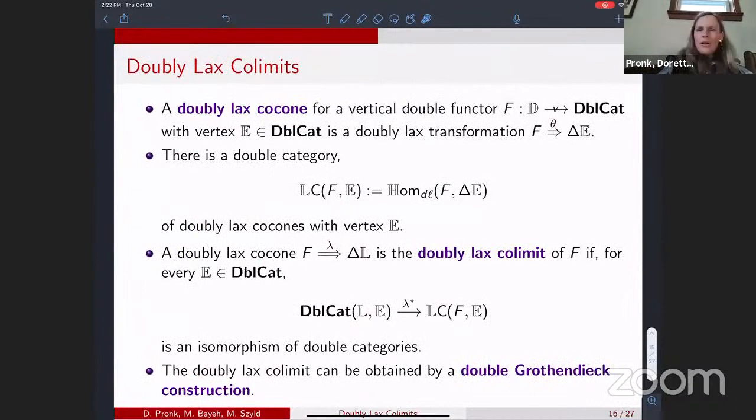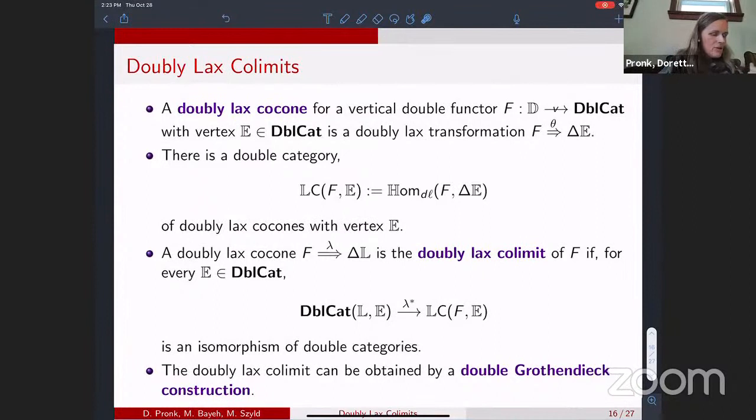Okay, so now let's take our doubly lax transformations and use them to define doubly lax cocones for a vertical double functor. So now we can finally start looking at our indexing functor and say, okay, what is a cocone for this diagram?